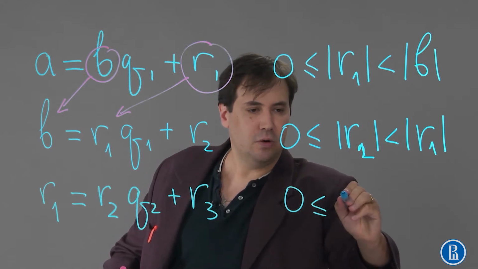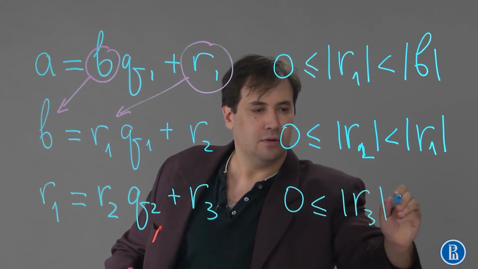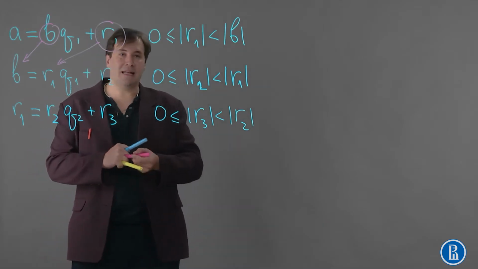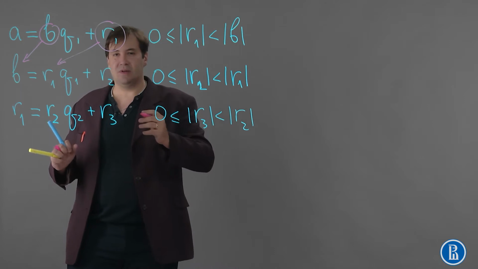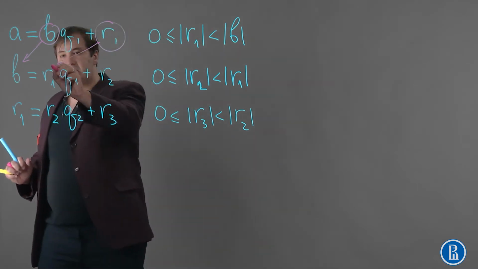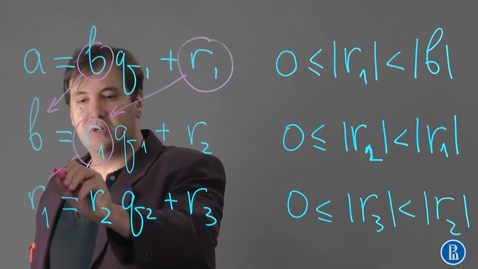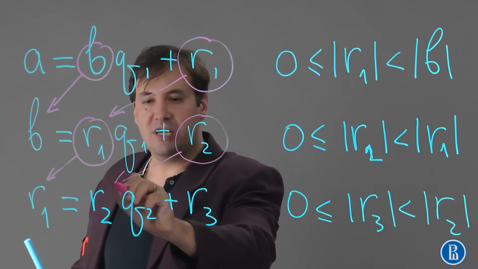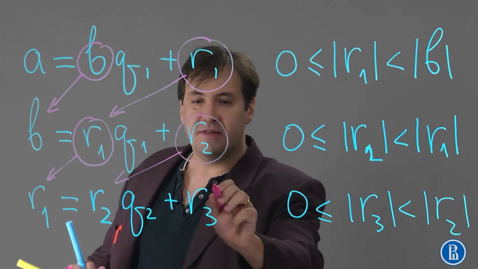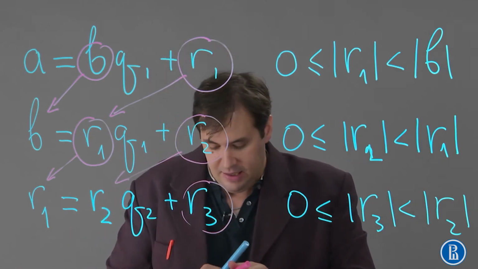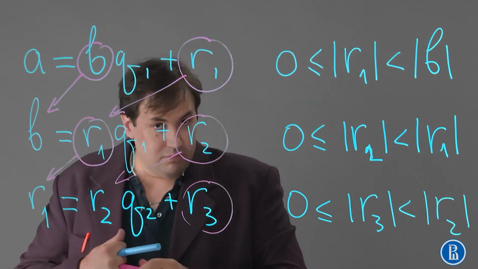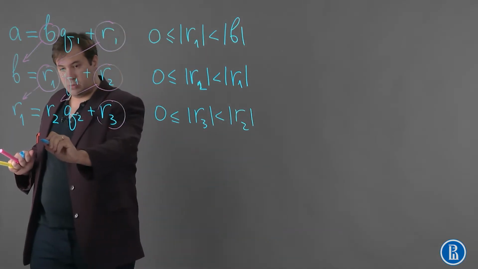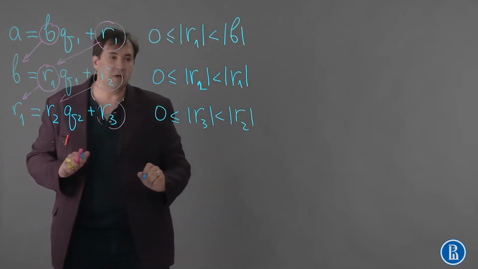Standard conditions should hold. And pay attention to the life of variables. R1 goes here and R2, the second remainder, goes here, and we get the third remainder. Such steps should be continued as long as it is possible, and so on and so on.